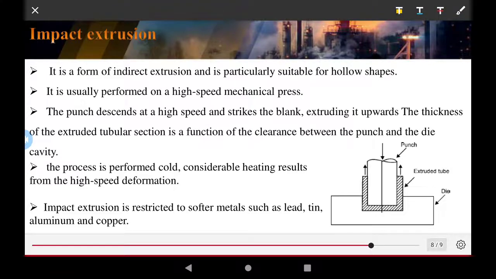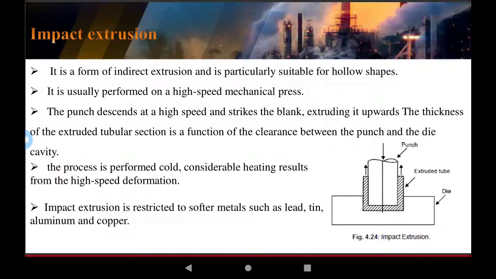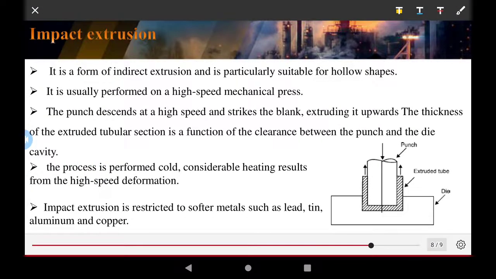The impact extrusion process is an indirect extrusion process, particularly suitable for hollow shapes, and is usually performed on a high speed mechanical press.